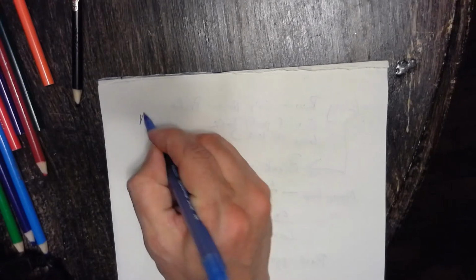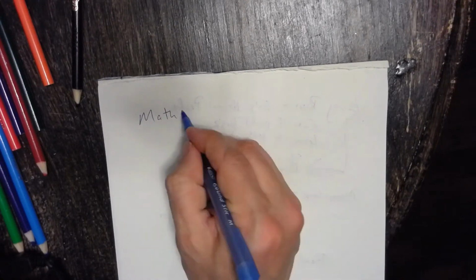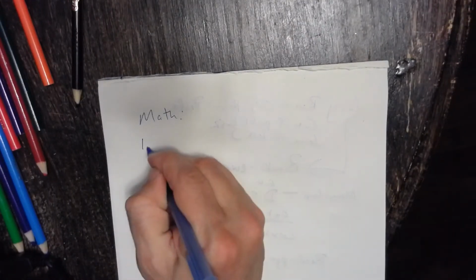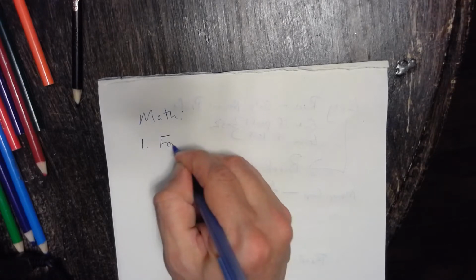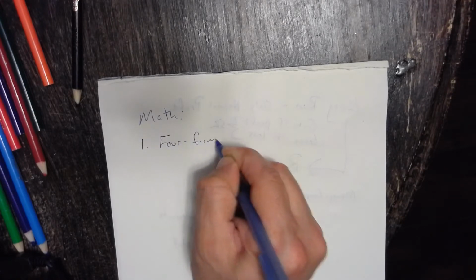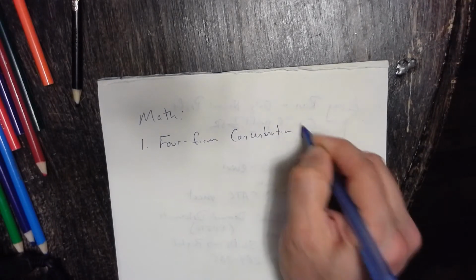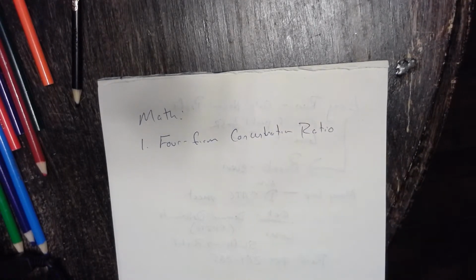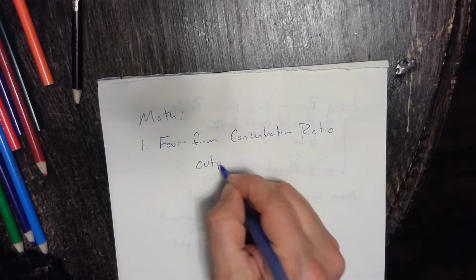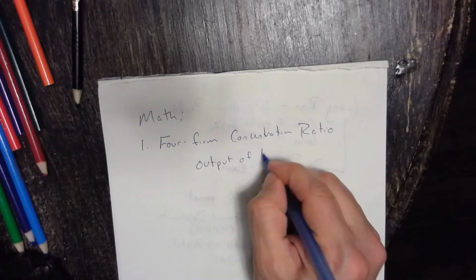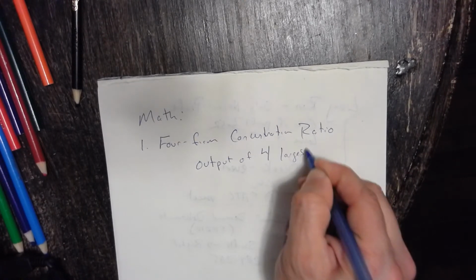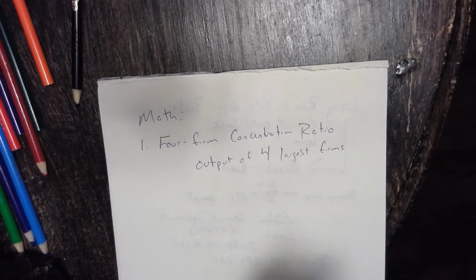All right, so in order to do this, we have to do some more math. And the first thing that we do is we have something called a four-firm concentration ratio. All right, what we simply look at is the output of the four largest firms in the industry.